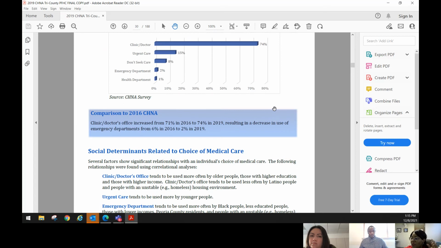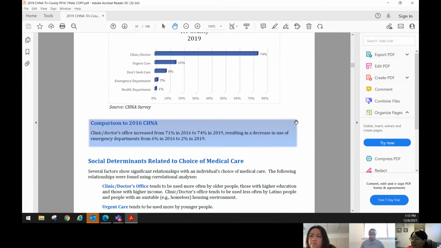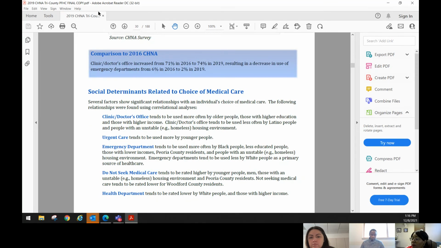However, when you put that equity lens on it, when you start doing that deeper dive into actual population health, right? So out of that 74%, what's the percentage of people of color, or what's the percentage of those that live in the equity zip codes that actually have access to the clinic or doctor, or that is their choice of medical care? So that's the exercise that they went through, doing a deeper dive in the data for this cycle.